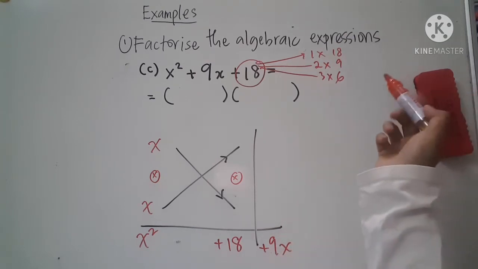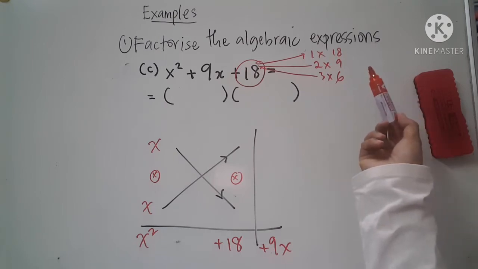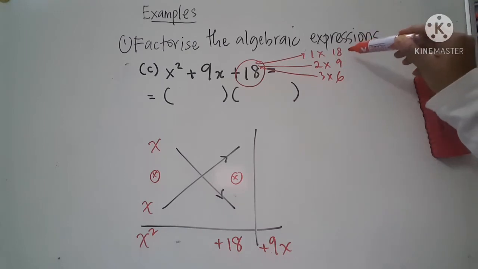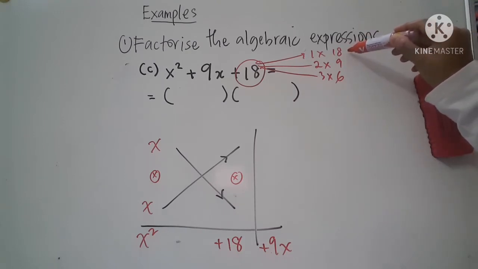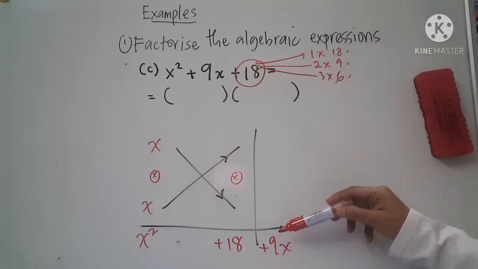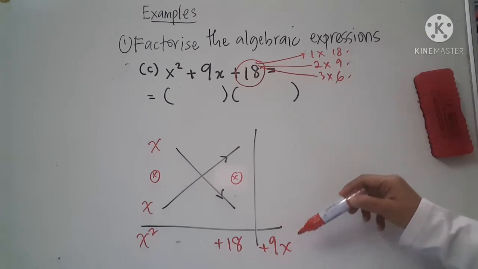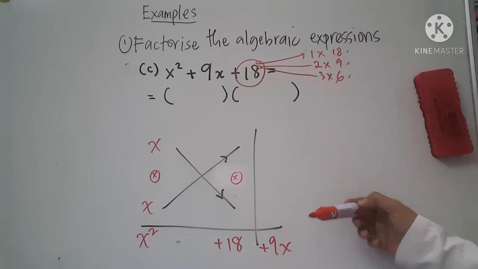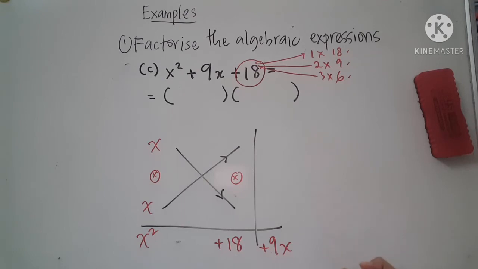But sometimes when you see this one, you can automatically know which one you want to pick, either first, second or third. Let's say we look at the 9x here, so we can assume that 3 plus 6 will be 9, right? It's just like a guessing game.